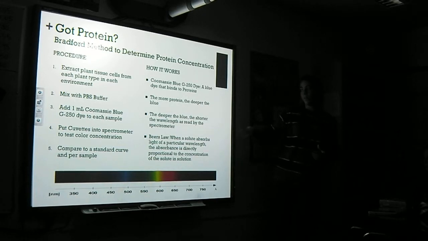And so basically it uses Beer's law that states when a solute absorbs light of a particular wavelength, the absorbance is directly proportional to the concentration of the solute in the solution. So that's basically how it determines comparatively what has more binding to proteins and less binding. And the more binding there is, the more protein there is. The less binding, less protein.